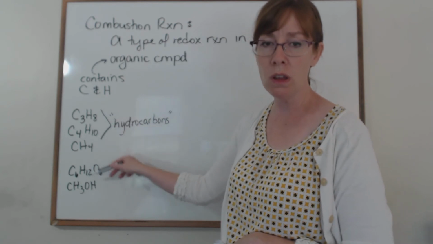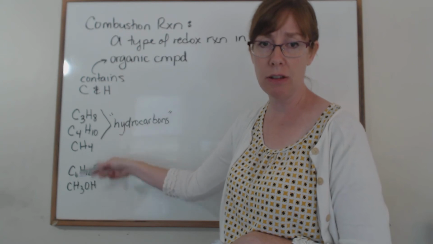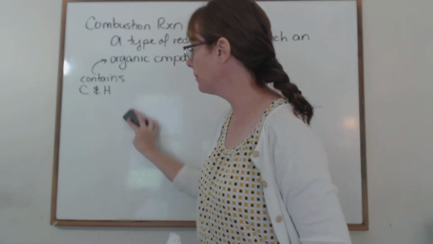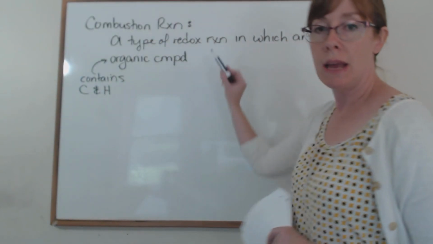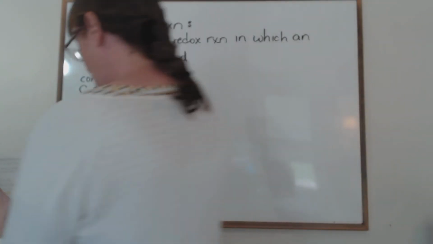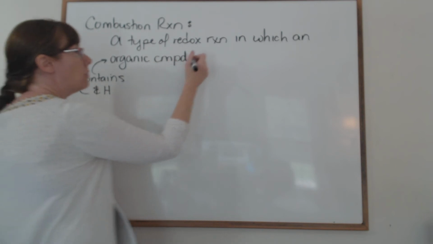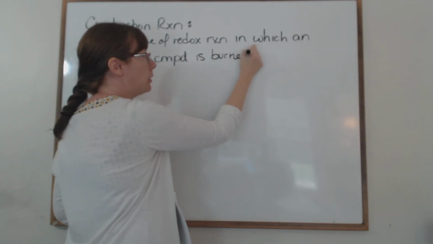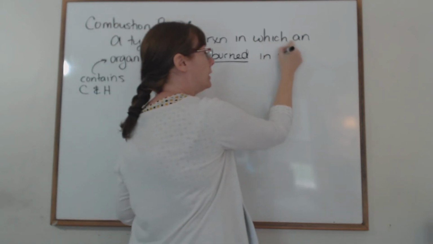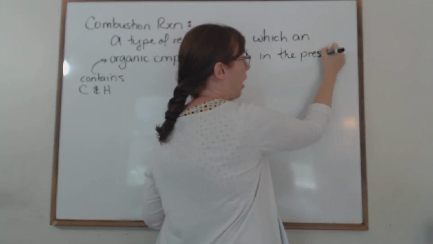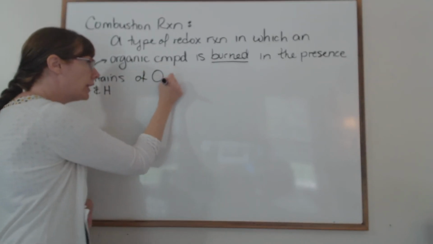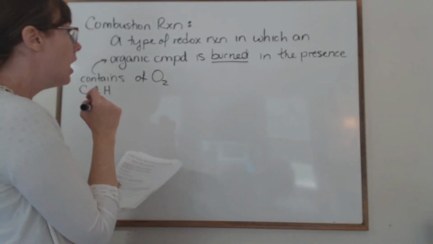So combustion reactions can use either of these types, but I just wanted to mention what a hydrocarbon was. So a type of reaction in which an organic compound is burned, so combustion is burning in the presence of oxygen. That's why when you try to get rid of a fire, you smother it. You're trying to get rid of the reactant oxygen.